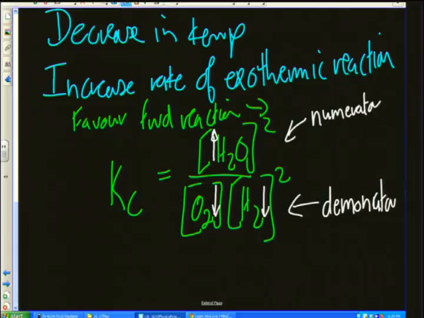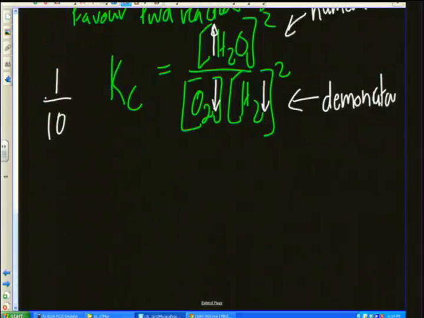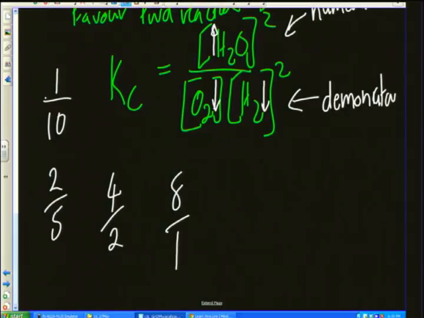If the bottom number gets smaller for any fraction and the top number gets bigger, so if we start with 1 over 10, and let's change it and make the bottom number smaller and make the top number bigger, and let's do it as a practical. So we're going to make this 2 and make this 5. Let's make the next one 4, and let's make that 2. Let's make this one 8, and let's make that 1.